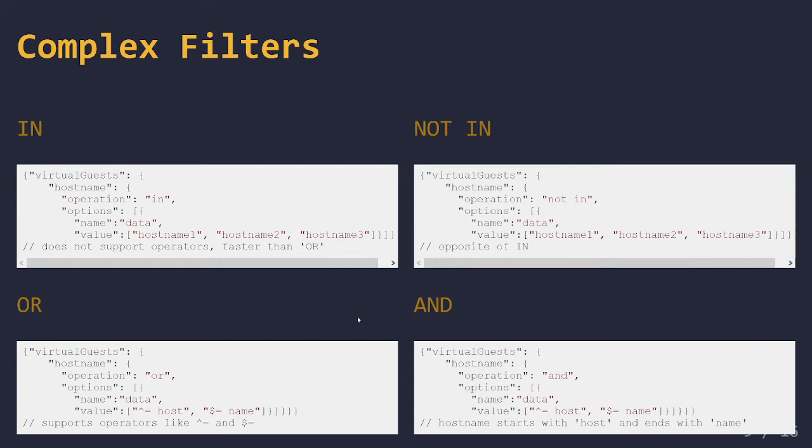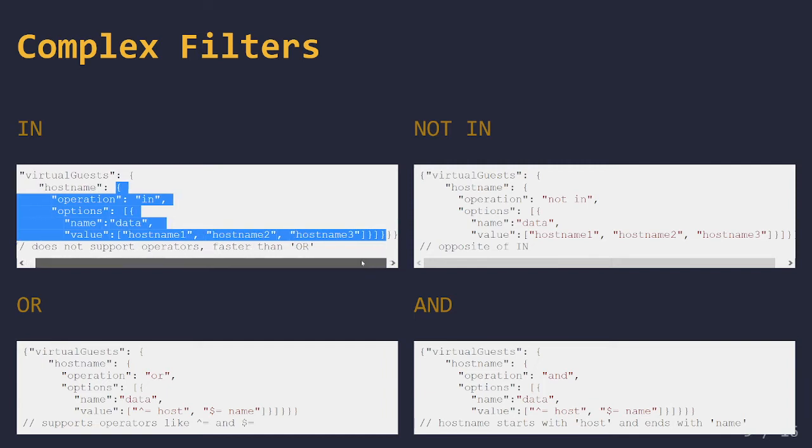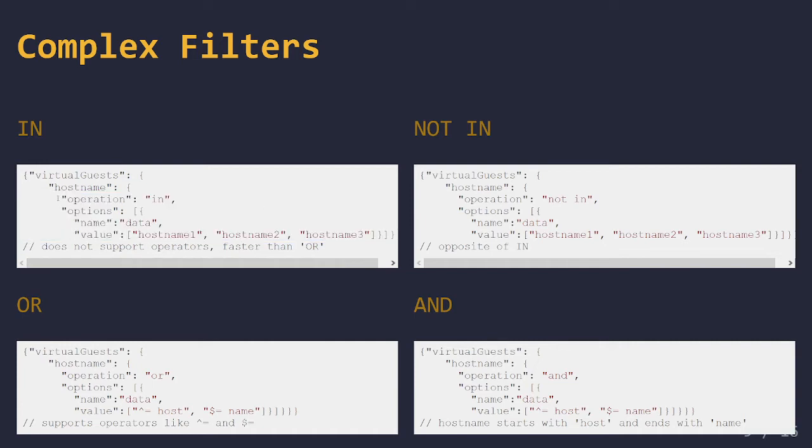So there's also some complex filters, and the syntax for these is very specific, and I'm going to try to highlight it for you. So an in filter, so we got virtual guest host name, which is an object filter object right here. This whole thing is the object filter. So we have our operation.